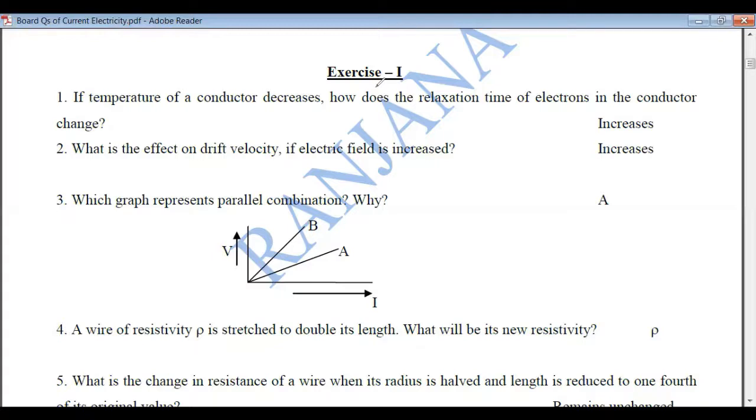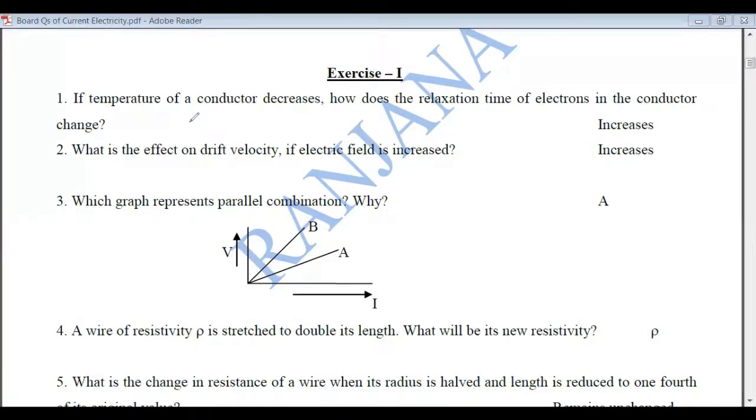Whereas in exercise 2, we'll discuss the CBSE board questions of meter bridge experiment, potentiometer experiment, etc. And in the third exercise, we'll study in short the heating effect of electric current and discuss the board questions on it. So let's start with exercise 1.